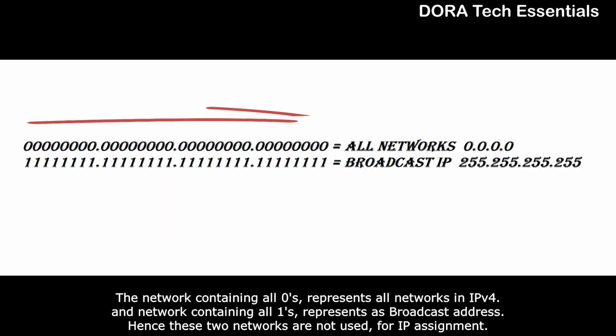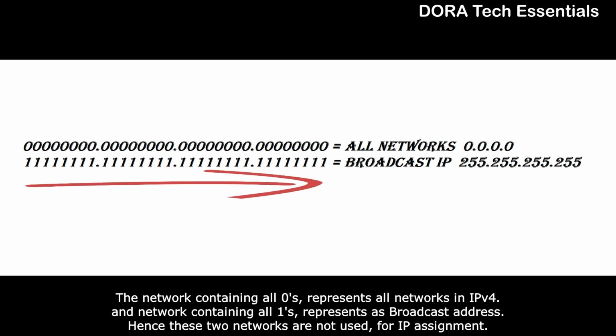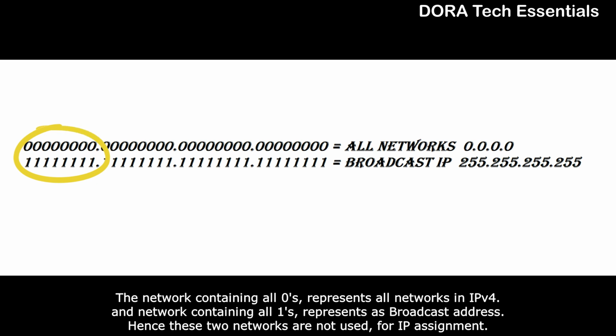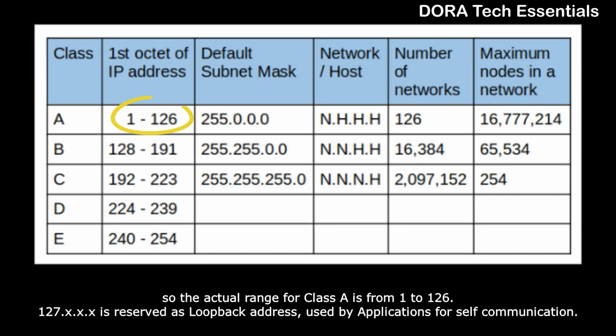The network containing all zeros represents all networks in IPv4, and the network containing all ones represents the broadcast address. Hence these two networks are not used for IP assignment. So the actual range for class A is from 1 to 126.